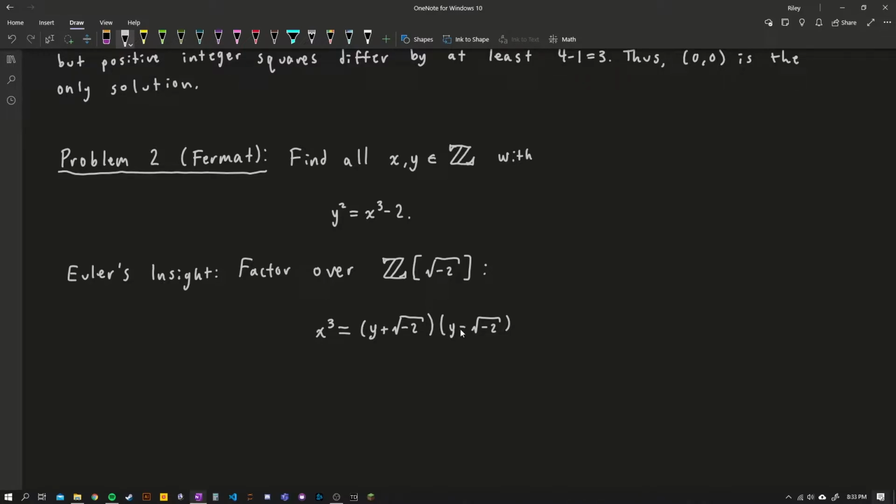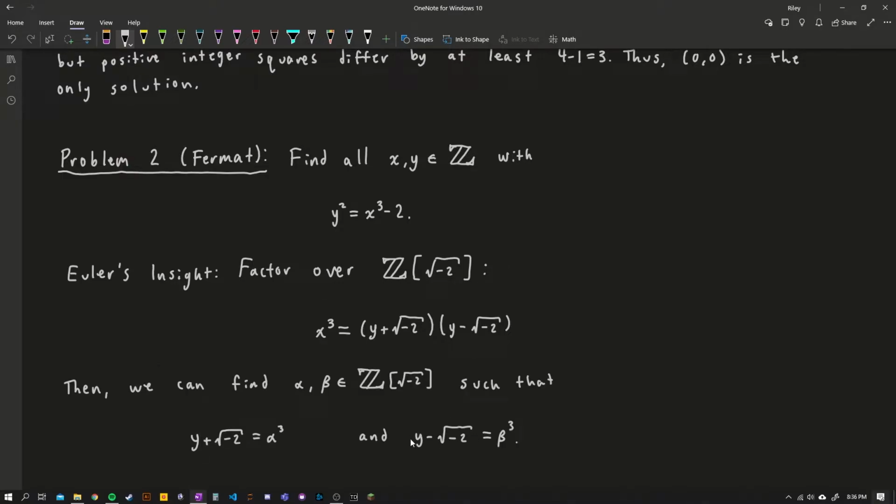So this means that we can find some elements, which I'll call alpha and beta, in Z adjoined root minus 2, so that y plus the square root of minus 2 is equal to plus or minus alpha cubed, and y minus the square root of negative 2 is equal to plus or minus beta cubed.